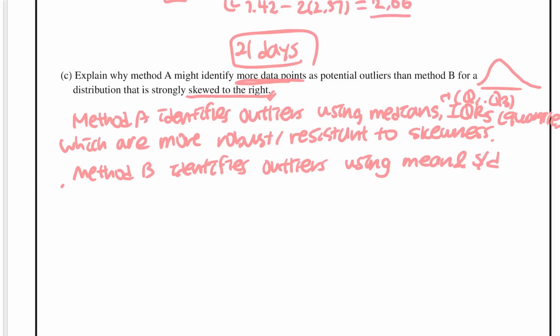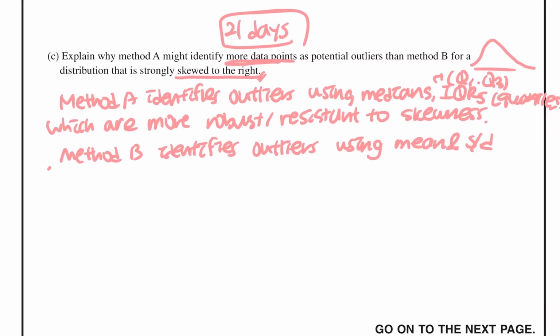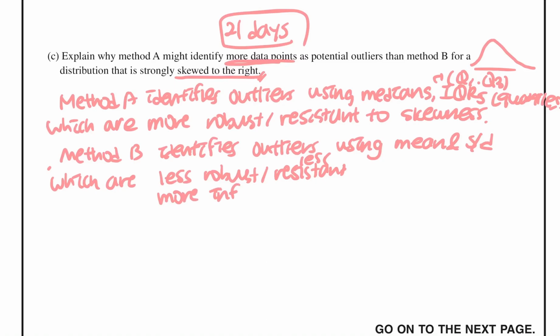I need to write this in full sentences, but yes, means and standard deviations are less robust, or less resistant, more easily influenced by skewness.